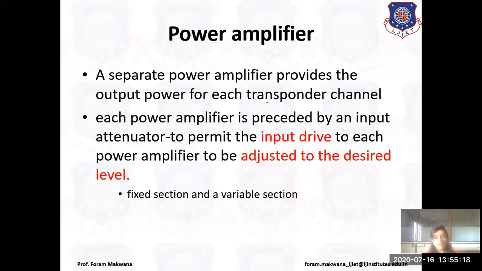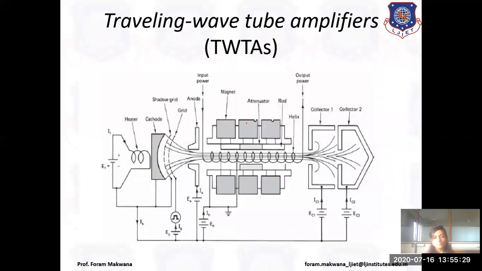Each power amplifier is preceded by an input attenuator to permit the input drive to each power amplifier to achieve a desired level. This microwave amplifier, the traveling wave tube amplifier, is called TWTA in short, and you will study it in the microwave subject: how a microwave signal, or higher frequency signal in gigahertz, is amplified.